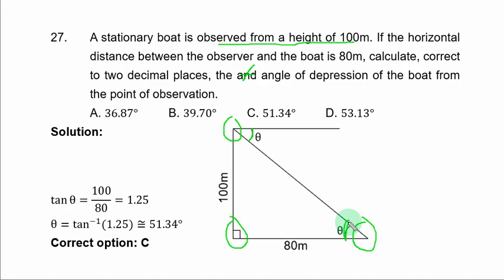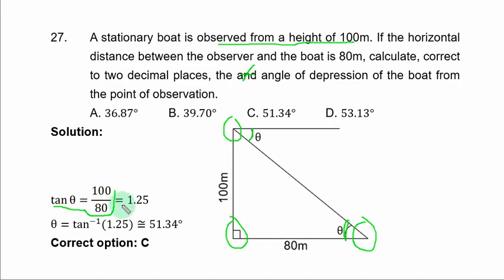So both angles are equal. So we have opposite 100 facing the angle, the other side is adjacent. We must use tangent. So tan theta is equal to opposite 100 over adjacent 80.